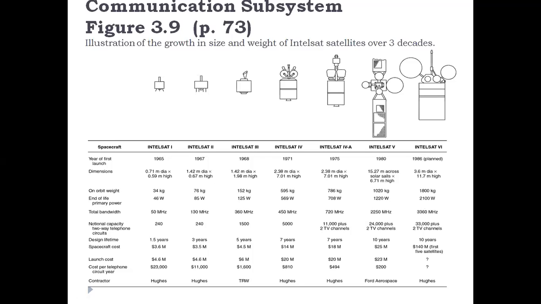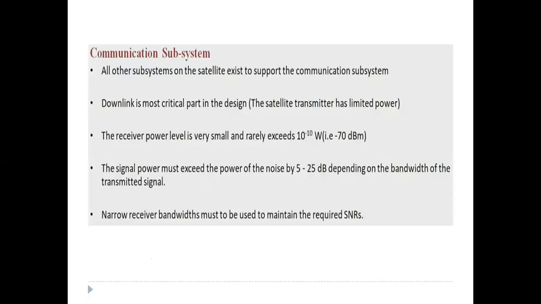For the system to perform satisfactorily, the signal power must exceed the power of the noise generated in a receiver by between 5 and 25 dB, depending on the bandwidth of the transmitted signal and the modulation scheme used. With a low power transmitter, narrow receiver bandwidths have to be used to maintain the required signal to noise ratio.